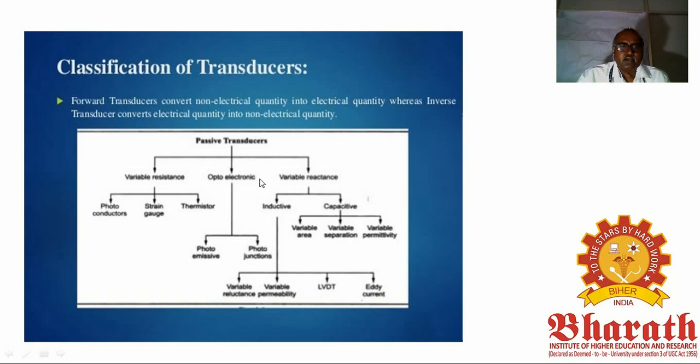The optoelectronic classification of passive transducers can be divided into photoemissive type and photojunction type. For the photojunction type, the electrons will vary based upon the junction illumination. The photoemissive type will emit light based upon the current flow through it.